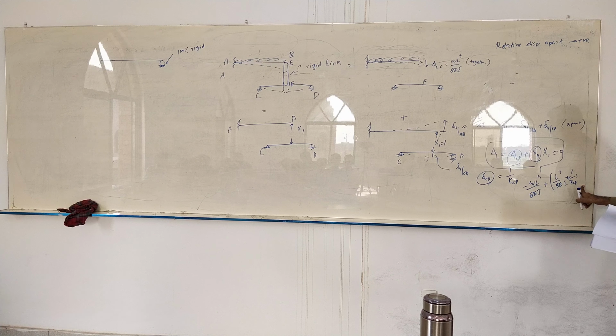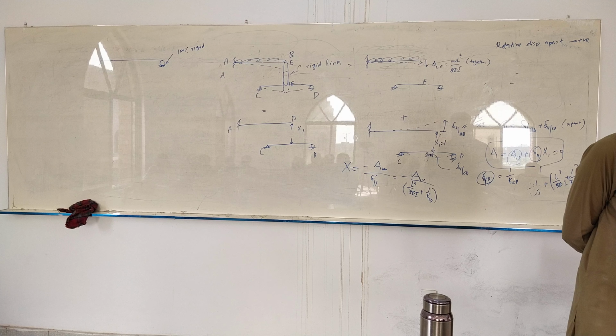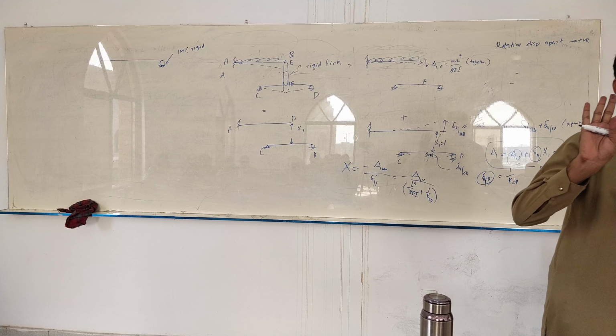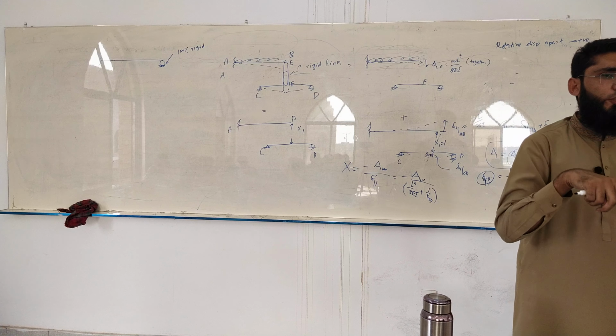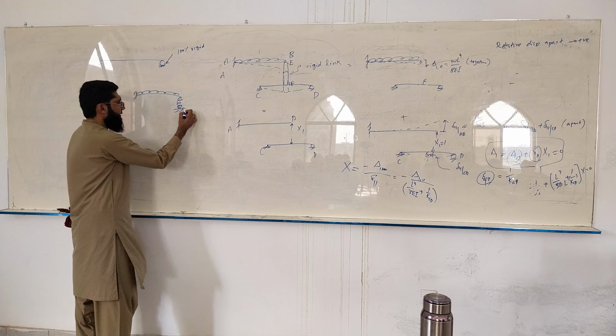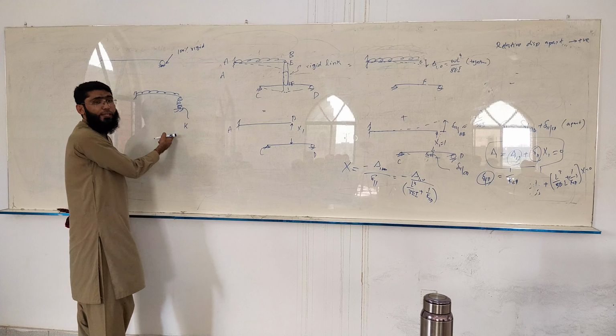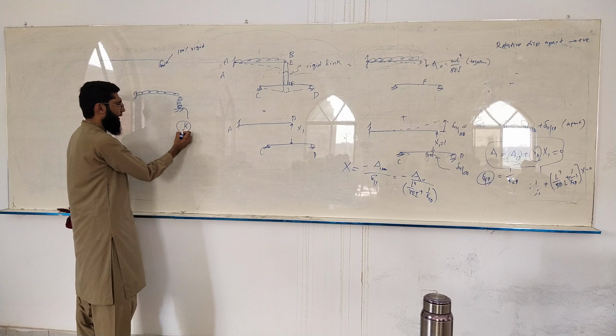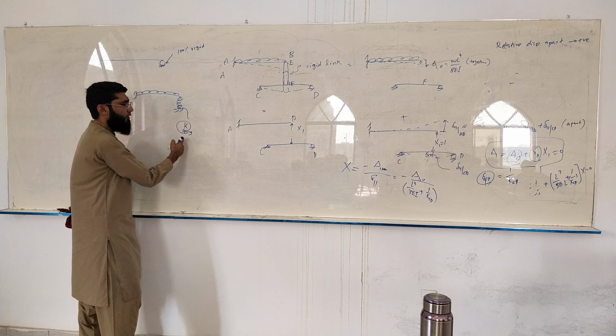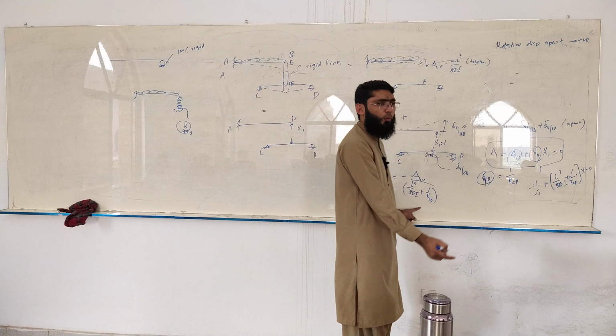Yes, you can find it. But what I wanted to say is that if there was a spring over here supporting this beam, and you know the stiffness of the spring as K spring, or simply K, you could put that value over here, 1 over K spring.